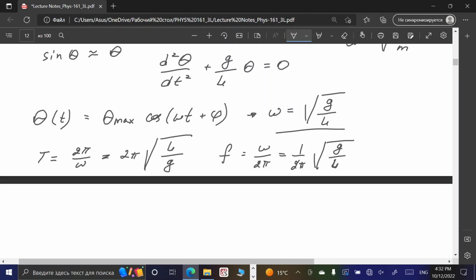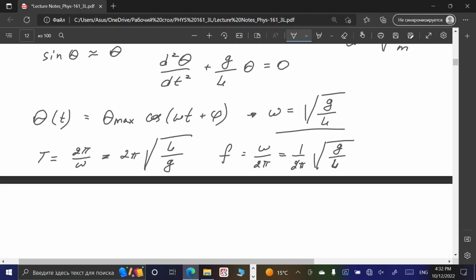so it does not depend on the amplitude. Amplitude can change over time, it can reduce because of attenuation of the oscillations of this mathematical pendulum. However, the period will remain constant because here we don't have the amplitude value. So it will remain constant over time, which is a nice feature to use such a pendulum as a measure for time.